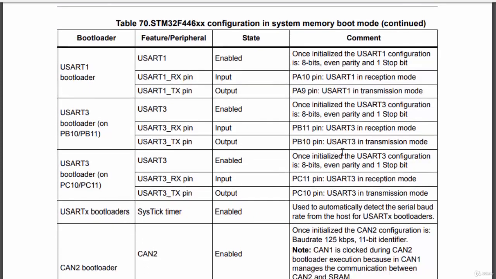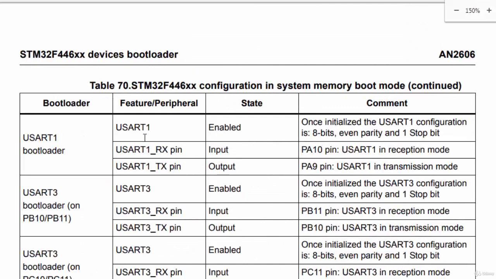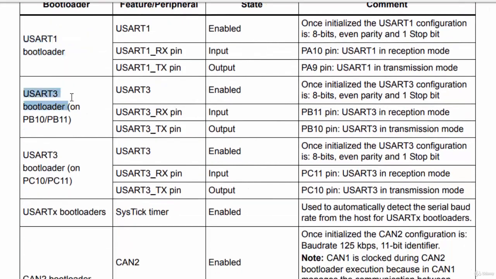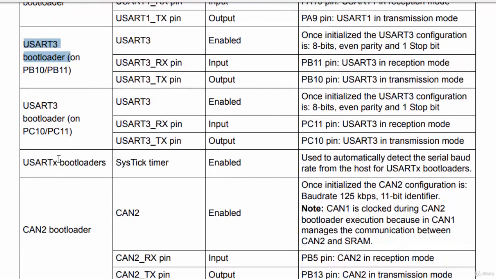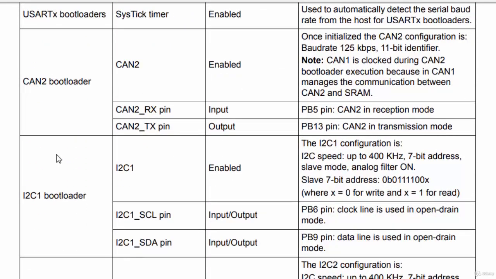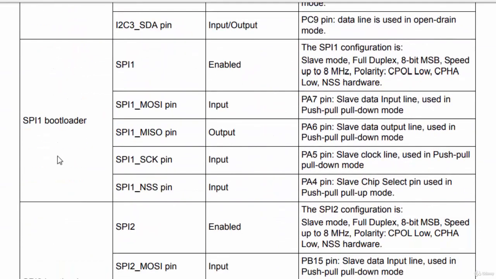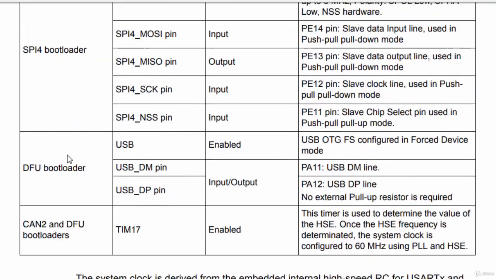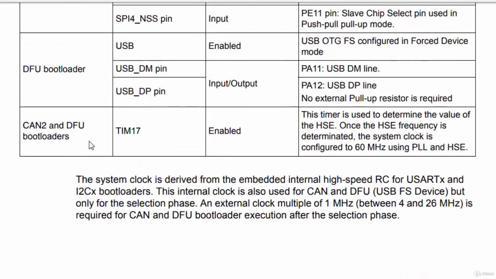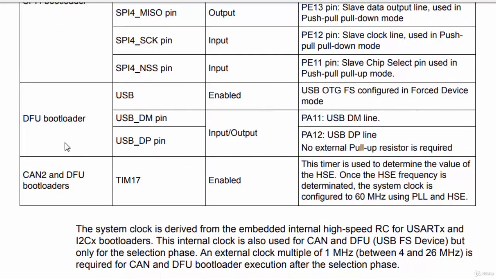So in this table you are seeing here, it has the capability to talk to the host over the UART peripheral, UART1, UART3, or it can even talk to CAN peripheral, I2C1, I2C2, etc., even through the USB and CAN2 peripheral. So it can even talk to the host over USB.